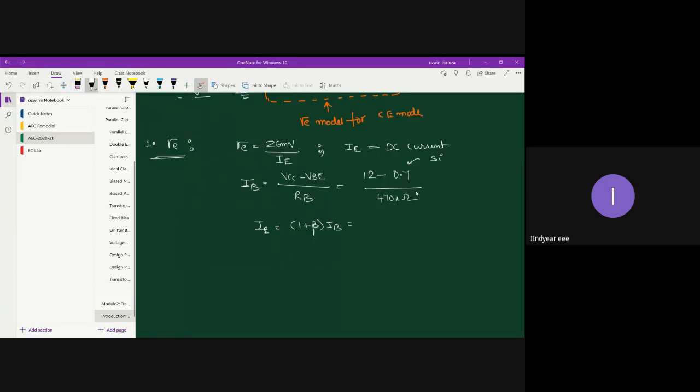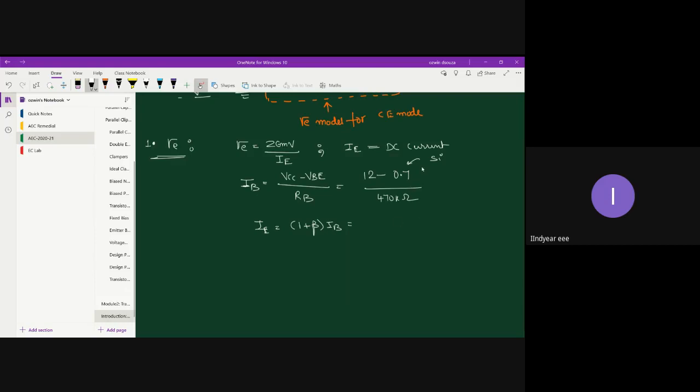If not given, always assume a silicon transistor. Don't become aggressive and take germanium or gallium arsenide, because in the scheme, almost all the time they will take the VBE potential as 0.7. So take it as silicon if the material is not mentioned.